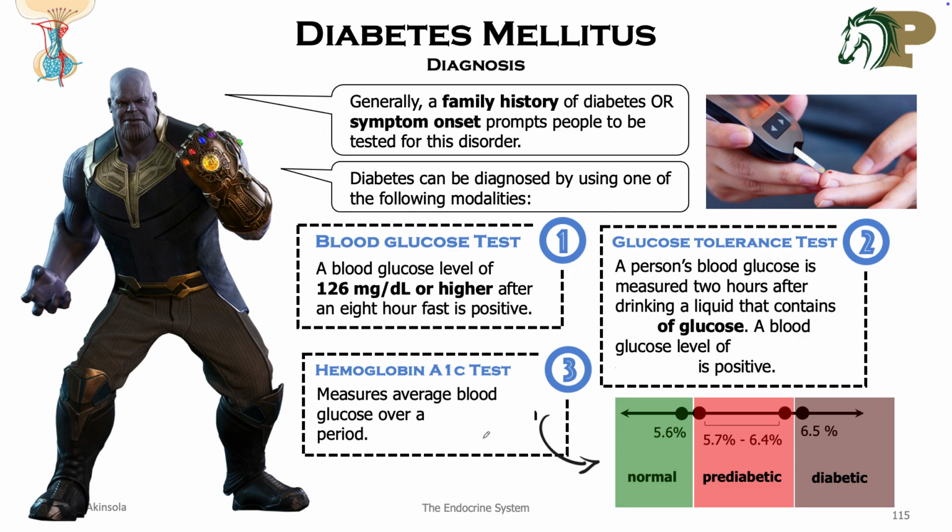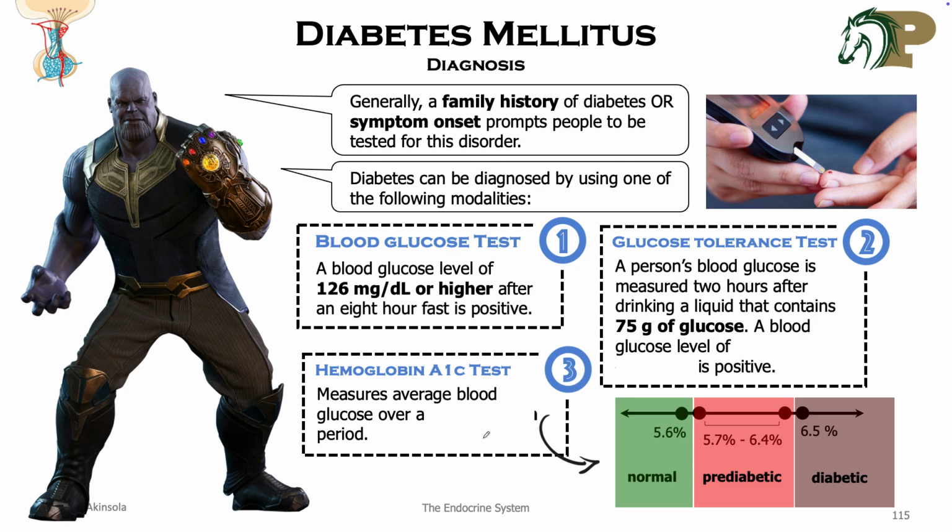The second test is the glucose tolerance test. This one is used on pregnant patients. So this is what they are tested for at 26 weeks gestation. And here the person's blood glucose is measured 2 hours after drinking a liquid that contains 75 grams of glucose.